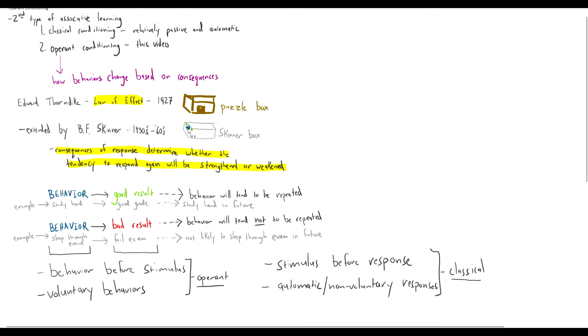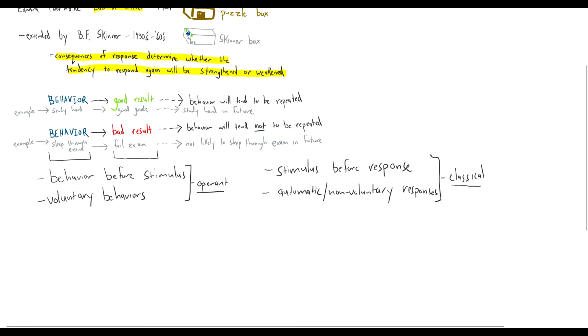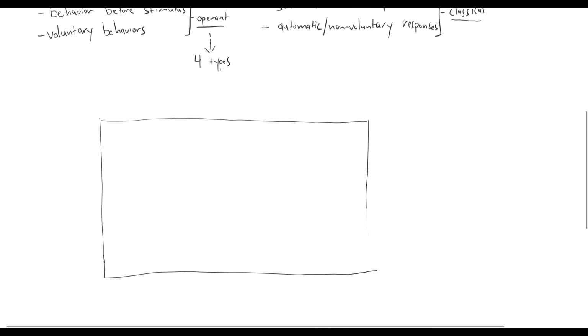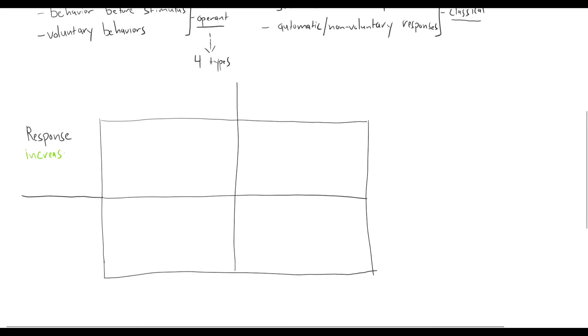And we classify 4 different types of operant conditioning, which can be tricky to differentiate, and we'll practice with this differentiation in class. We can draw out a chart to show these 4 types. We can have a behavioral response either increase, and we're putting this on this side of our chart, or we can have the behavioral response decrease. We're talking about the tendency for this response or behavior to occur again in the future.